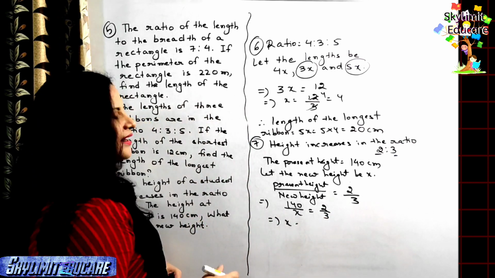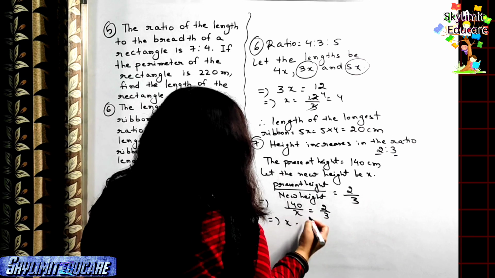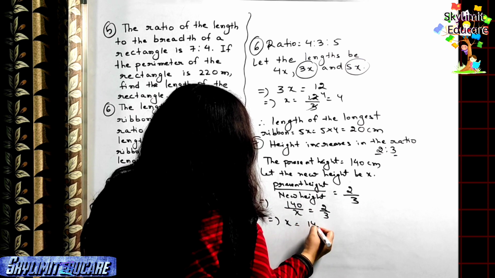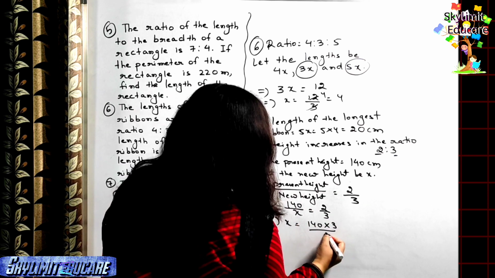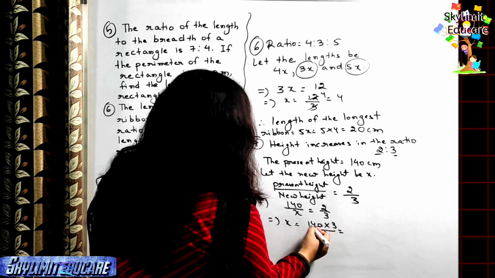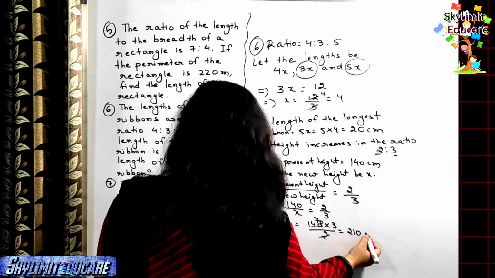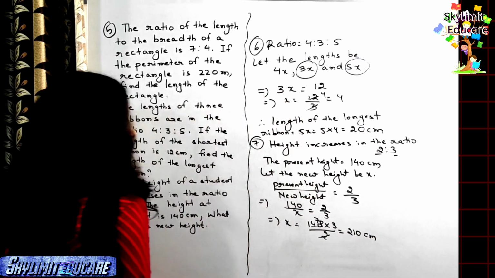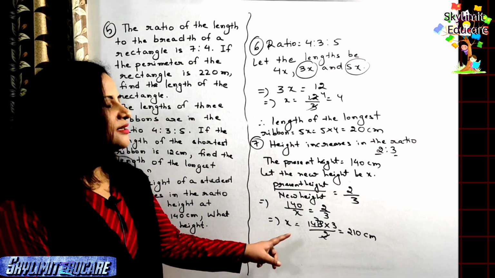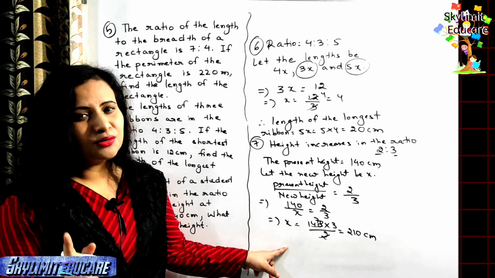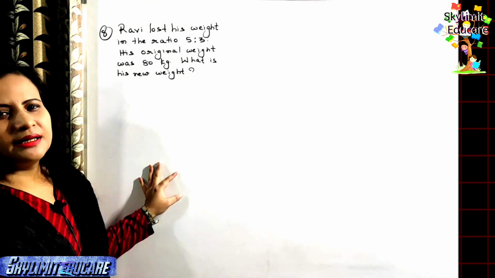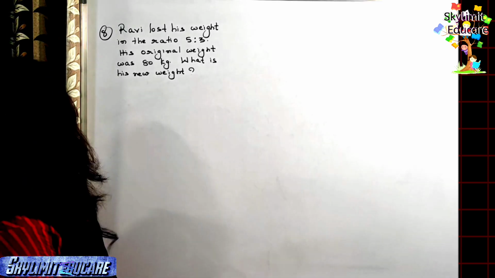Now easily we can find out the value for x. x will be 140, cross multiplication, remember, 140 multiplied by 3 divided by 2. So 2 7s are 14. So 210 centimeter is the new height of the student that you are supposed to find out. Clear?